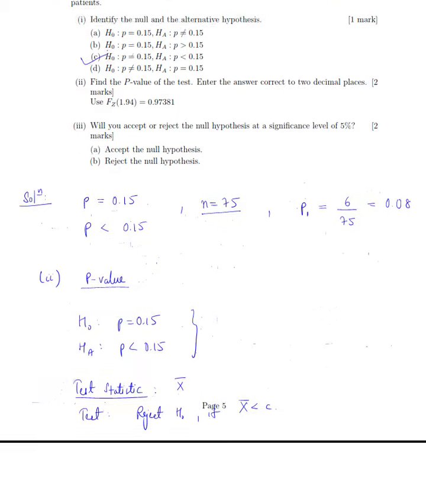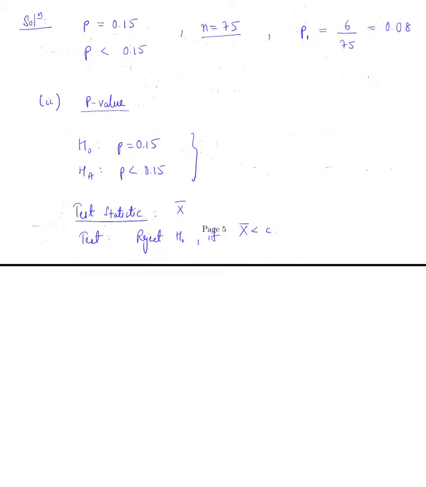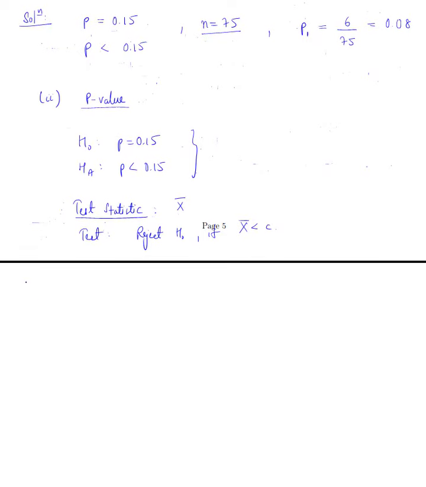Now what is the p-value of the test? The p-value is going to be the probability that we reject H0. So we are rejecting H0 when x bar is less than the critical value, and what we had observed for the failure rate from the sample is 0.08. So this x bar should be less than 0.08 given that our p is 0.15.